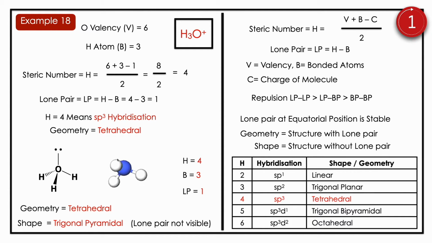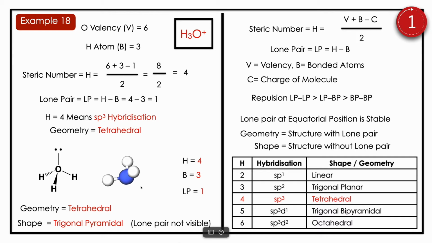Then let us look at H3O+. Here oxygen is the central atom. Valency is 6. Bonded atoms are hydrogen, which is 3. If you substitute in our formula, H equals 6 plus 3 minus 1 by 2, which gives 8 by 2, gives 4. Lone pair will be H minus B, which is 4 minus 3 gives 1. So H4 means sp3 hybridization.